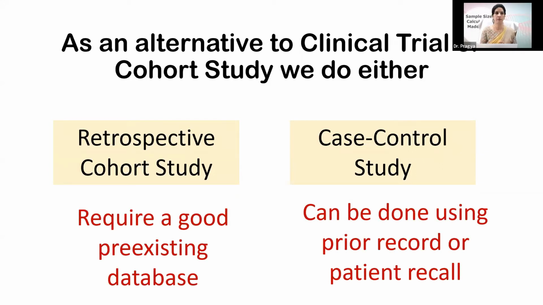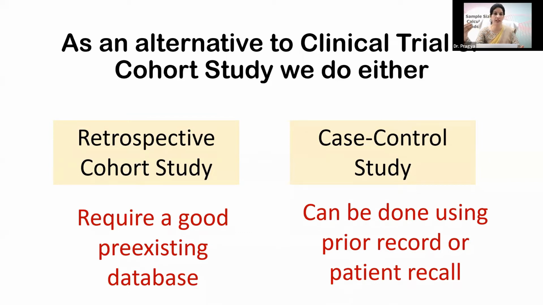So in retrospective studies, again, you require a good database. For case control also, if you search the literature for a good case control study, classically the cases are record based. And the exposure many a times can be record based, or it may be on the basis of an interview.